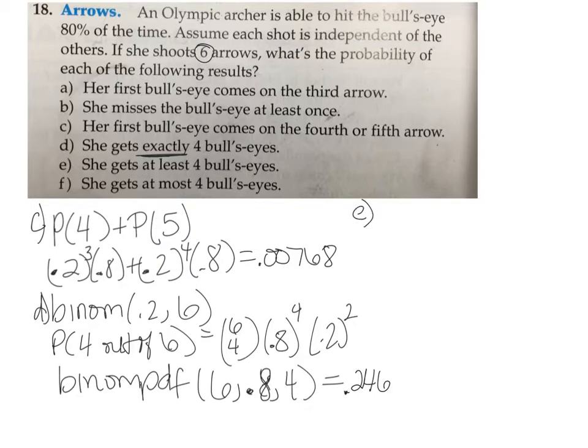E, she gets at least 4. So at least 4 again means a probability of 4 plus the probability of 5 plus the probability of 6.